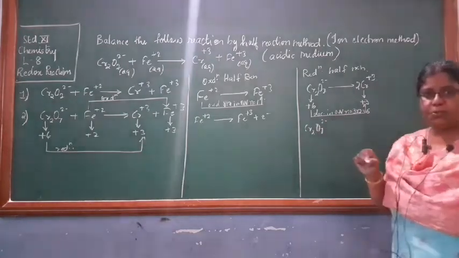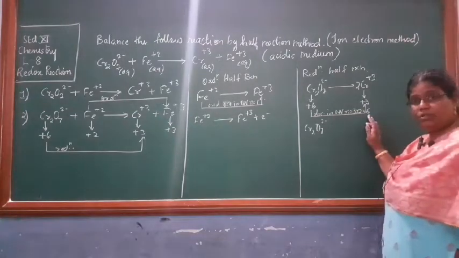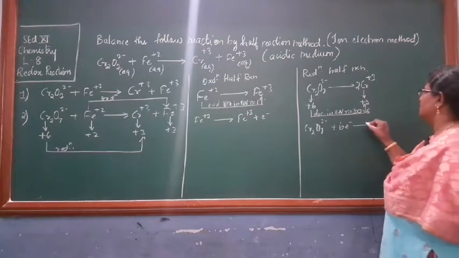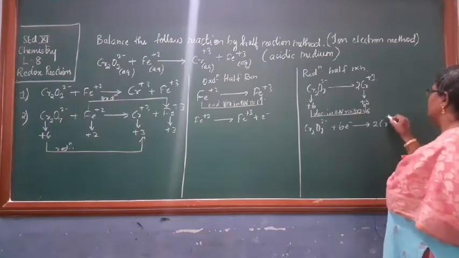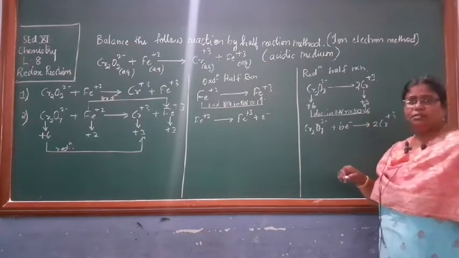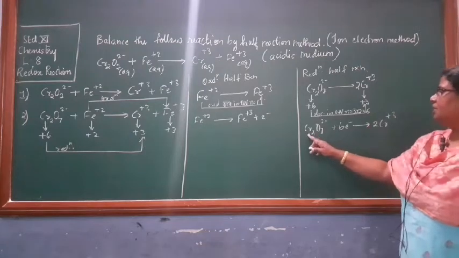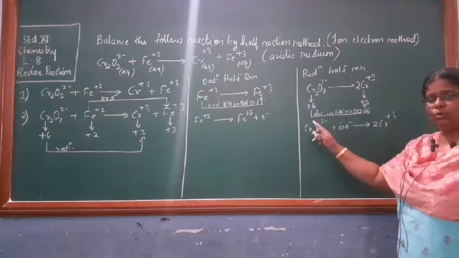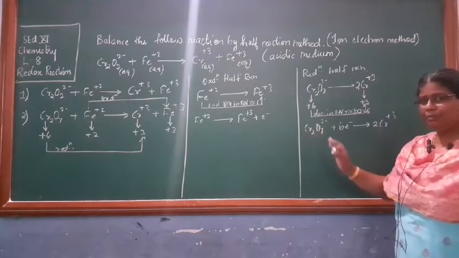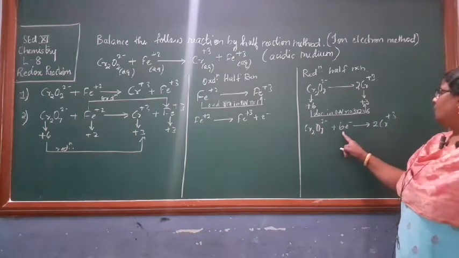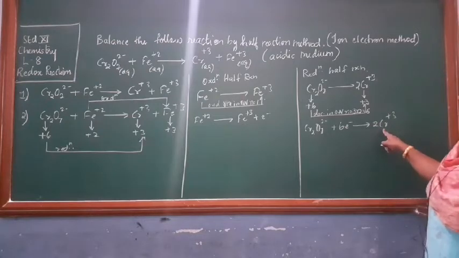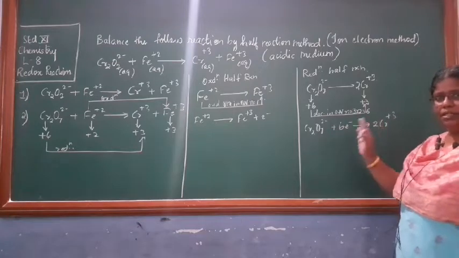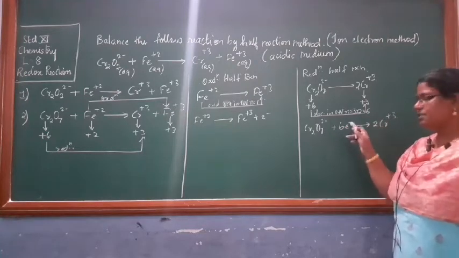That is our next procedure. How many electrons should you add? 6 electrons, giving you 2 Cr plus 3. Again you can understand with the help of charge also. What is the charge on chromium? It will be plus 12, the total charge on the two chromiums. And here how much will it be? Plus 6. So to make it plus 6 on either side, I should add 6 negative charges.